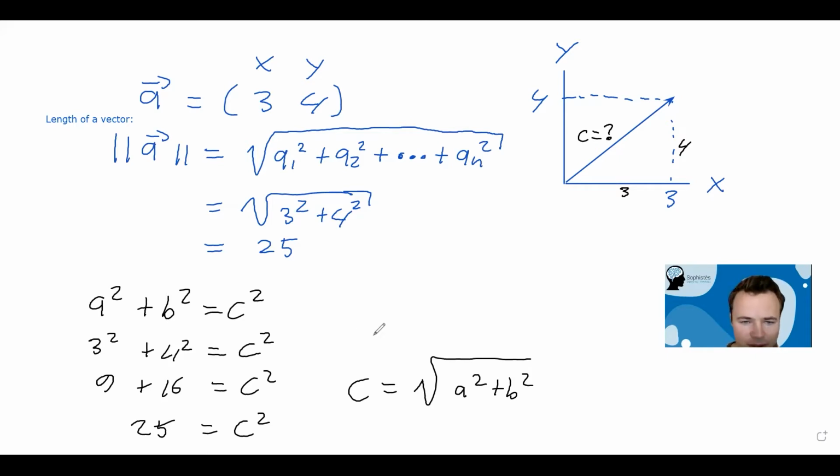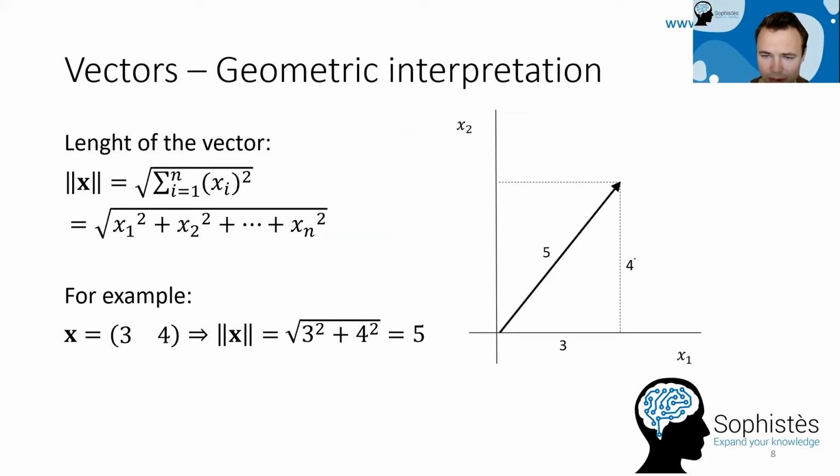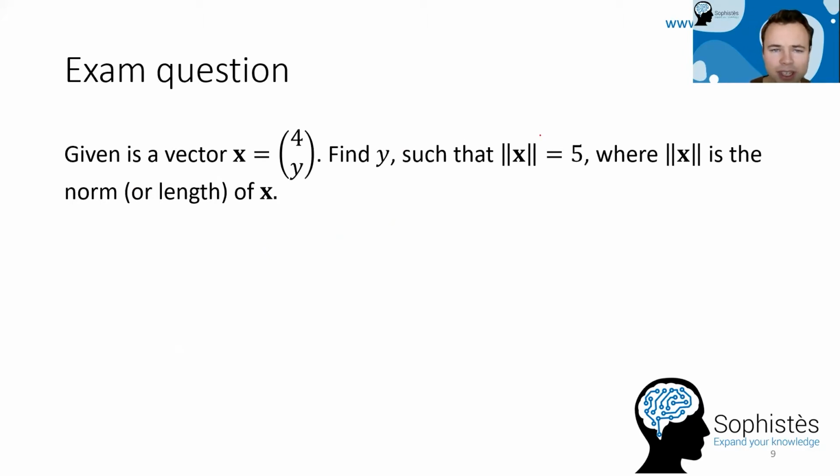Okay, then I will show you an axiom question. So here, by the way, you also see the example we just did. 3, 4, and then you can figure out that the length is 5 with this formula. Okay, so here's an axiom question. I will just give you guys some time.